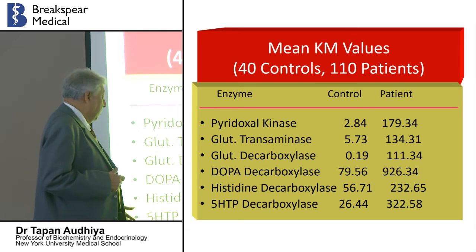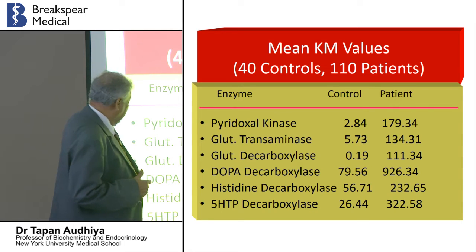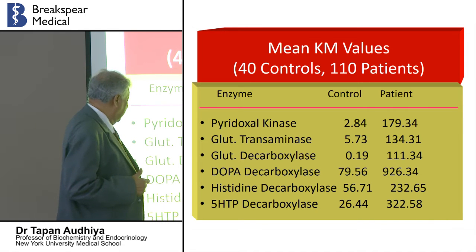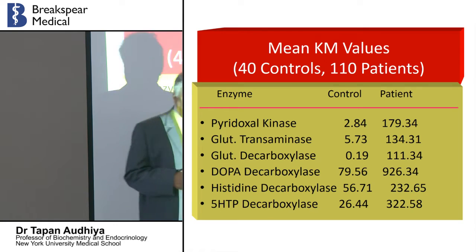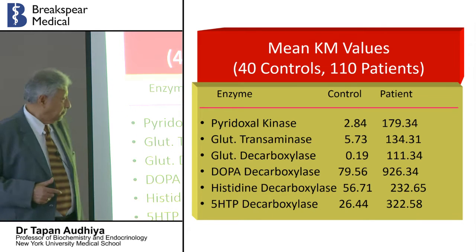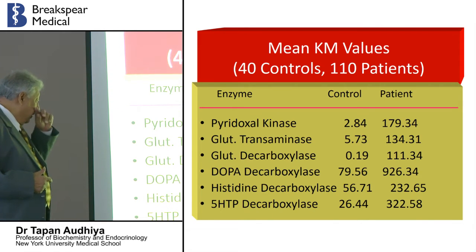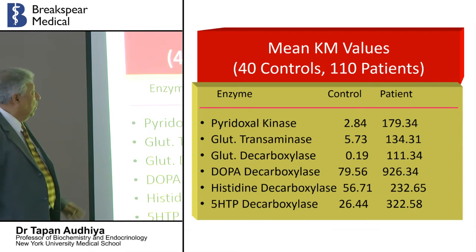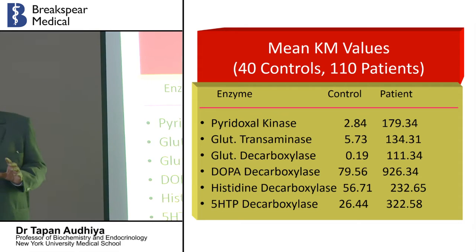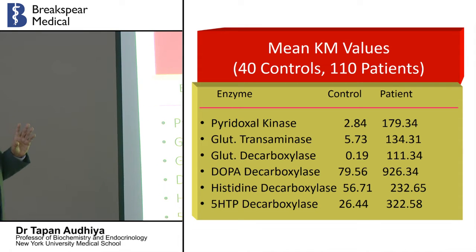The worst one is the dopamine decarboxylase, which actually is very critical for Parkinson's disease, and you see how much more B6 you need in order to do the proper job. And 5-HT decarboxylase is the same way. You need much more. So the Km, that means Km is half the substrate concentration.